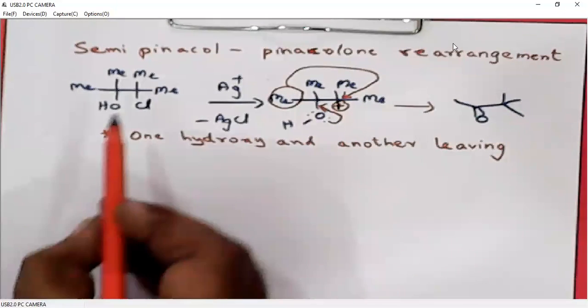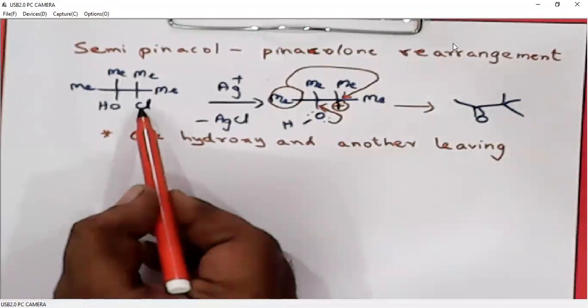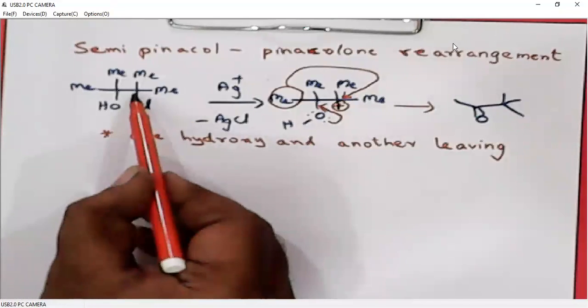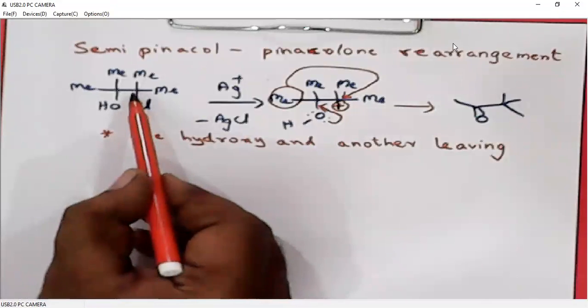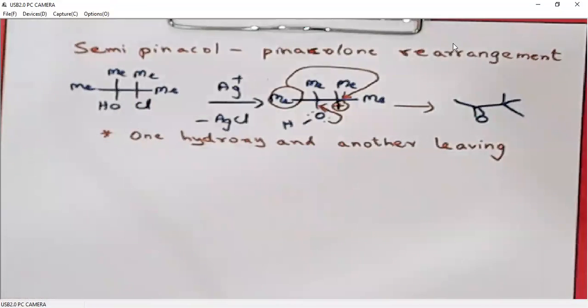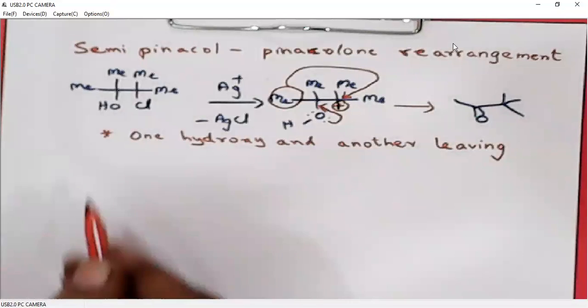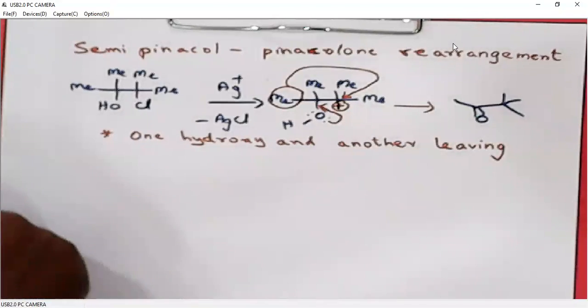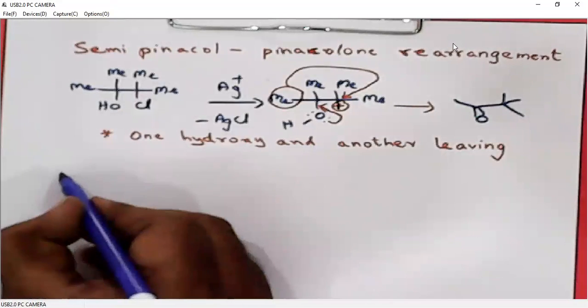But here you don't need to look at that selectivity. Obviously the leaving group will be activated, that means carbocation formation is always possible at the leaving group. So that selectivity we don't need to study here. I'll give you one more example here.